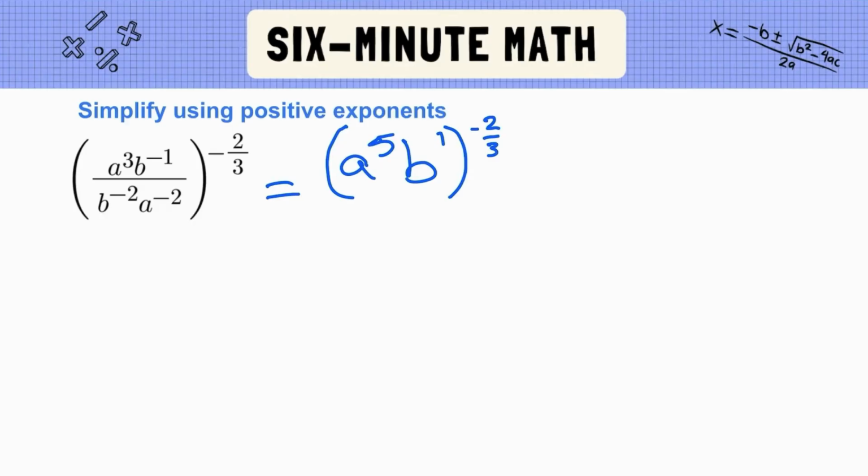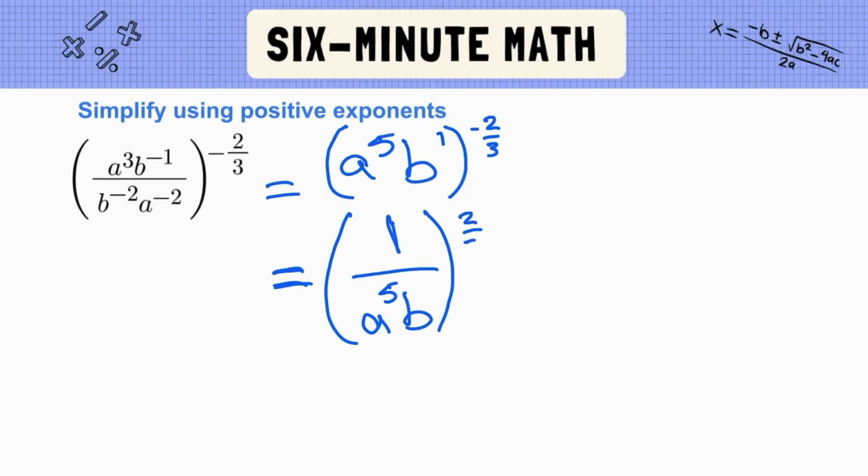Now I'm going to take the reciprocal of what's in my brackets to get rid of that negative. So I'm going to have 1 over a to the 5b. All of that is to the power of 2/3. And then I'm going to distribute that power of 2/3 into each of my items.